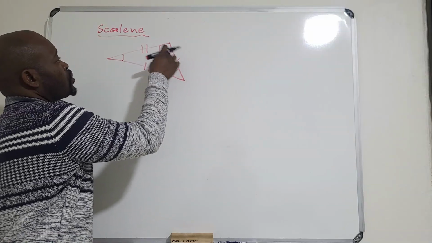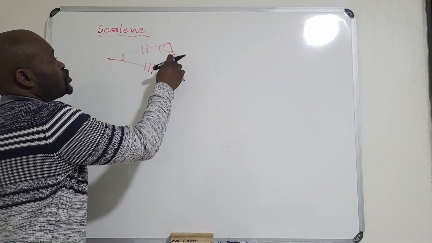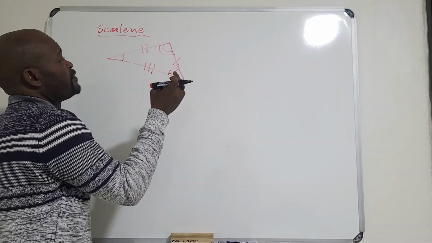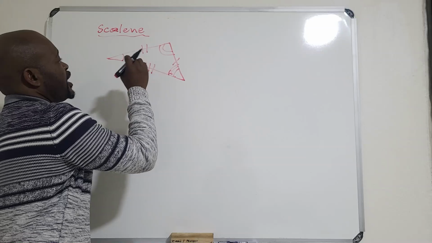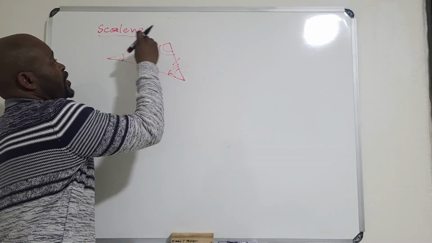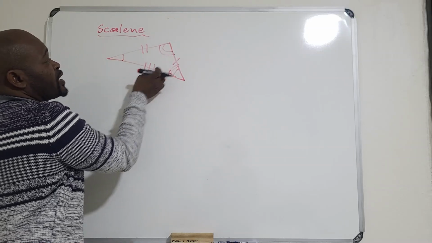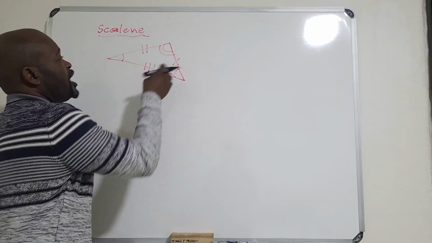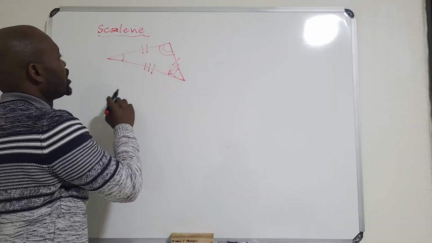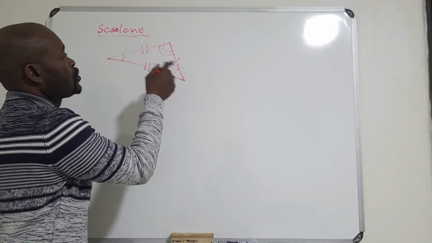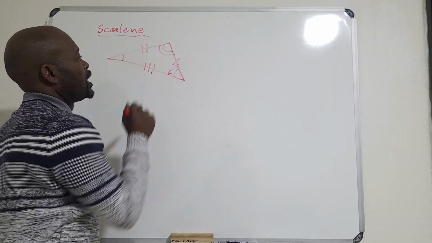That is why I also used that and that to show that sides are not equal. If they were equal, I was going to use the same thing. Now a scalene is a triangle where all sides are not equal and where all angles are not equal.